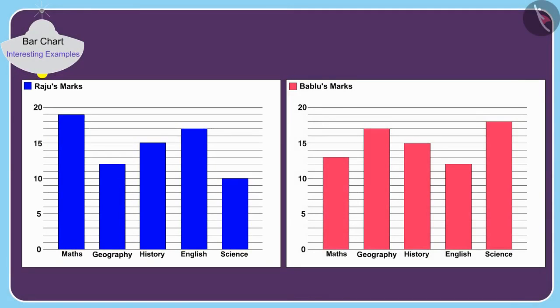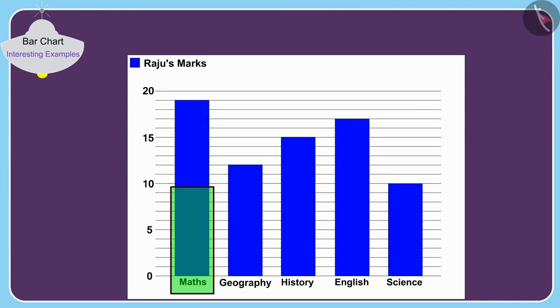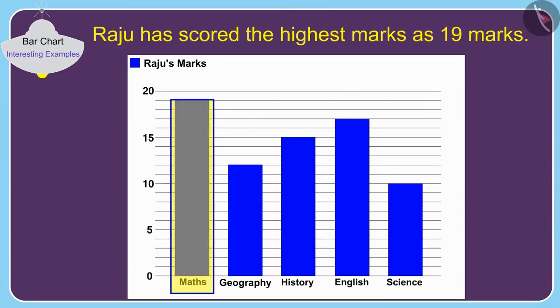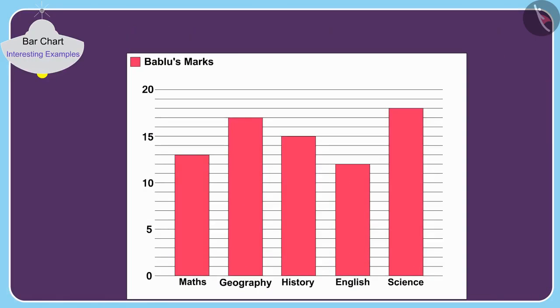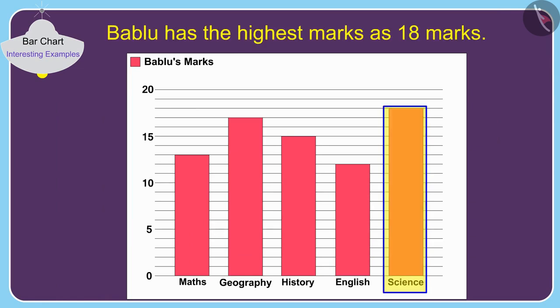The highest rectangle in Raju's bar chart is in mathematics. So, Raju has scored the highest marks as 19 marks. And the highest rectangle in Bablu's bar chart is in science. So, Bablu has the highest marks as 18 marks.